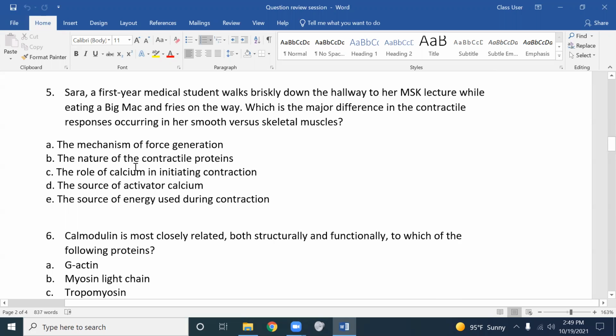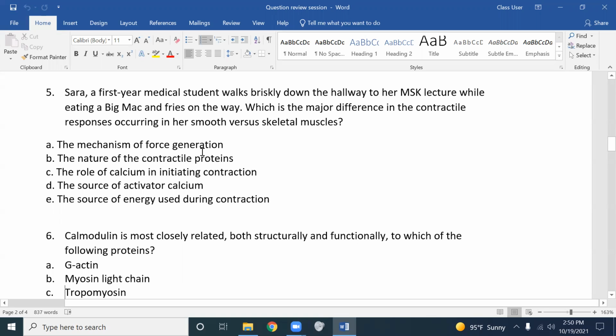Okay, you got smooth muscle, you got skeletal muscle. A couple of minutes ago, I told you about skeletal muscle's intracellular stores of calcium. Smooth muscle needs extracellular stores of calcium to initiate the contraction, which then brings about the release from inside the sarcoplasmic reticulum. So the mechanism of force generation in both muscles is pretty much the same.